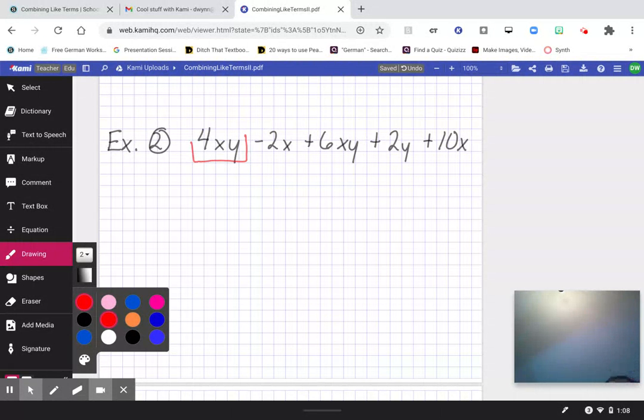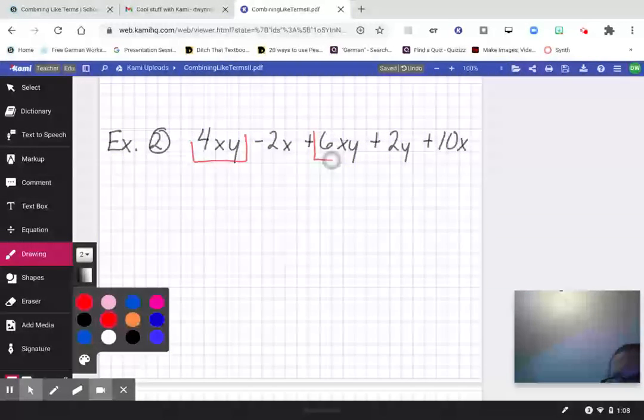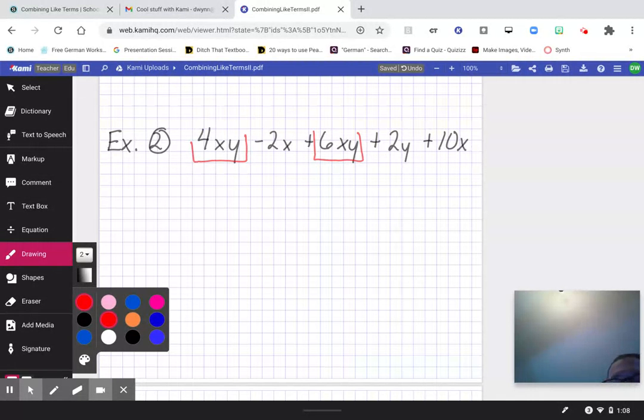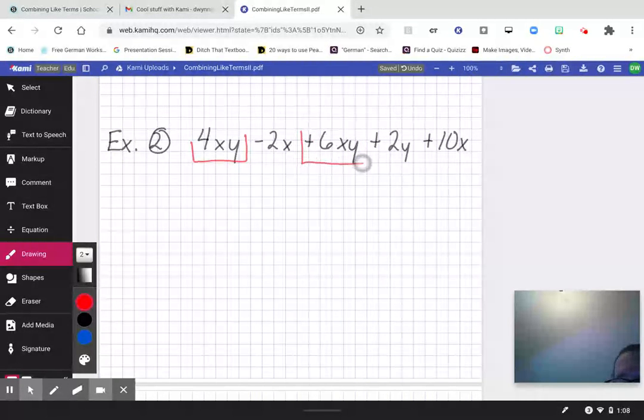The variables look different, which means they're not like terms. That brings us to plus 6xy, and yes, that is a like term. Actually, I should have put the brackets around the plus sign because it is a positive 6xy. And then we have plus 2y, which is not a like term, and plus 10x.